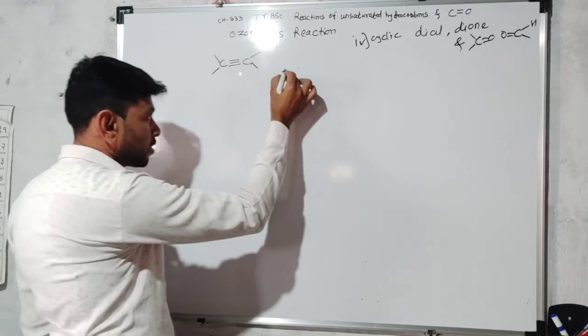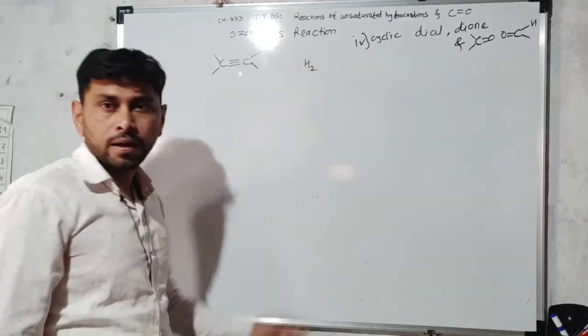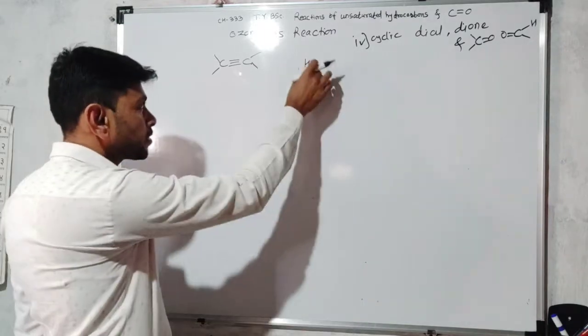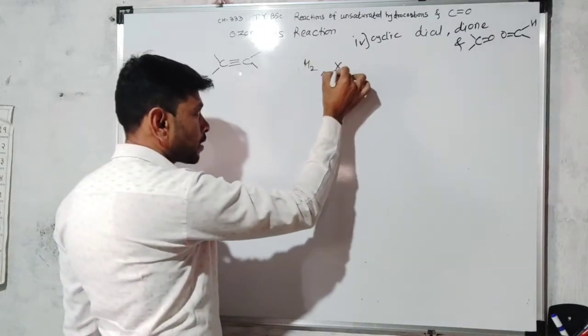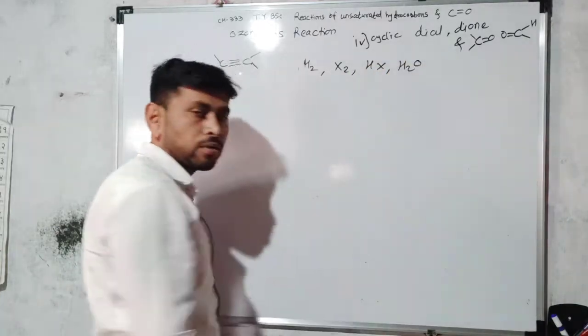The carbon-carbon triple bond compound undergoes addition reactions, like the carbon-carbon double bond: it adds hydrogen, halogen, haloacids, and there is addition of a water molecule.